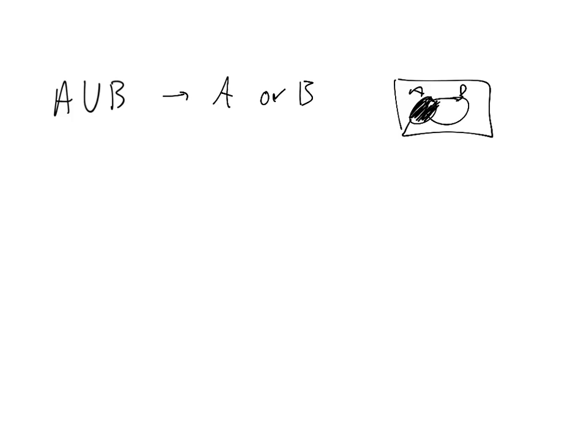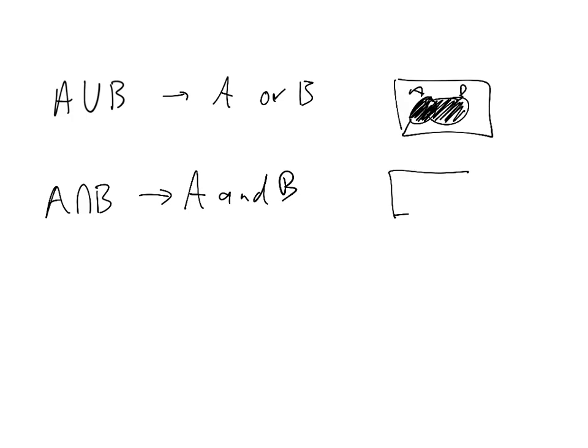We shade everything that was in set A, we shade everything that was in set B. Our second one, A and B. In this case, we're only interested in shading what would have been shaded if both of these were lightly shaded, and we want the stuff that's shaded twice. So if we had shaded A and shaded B, the part that I have identified here would have been the things that were shaded twice.